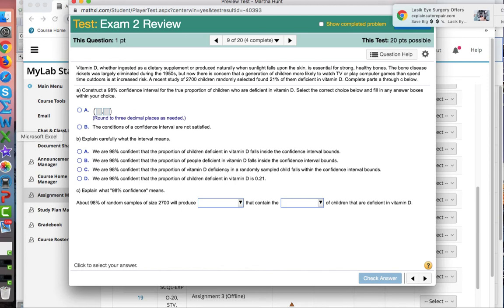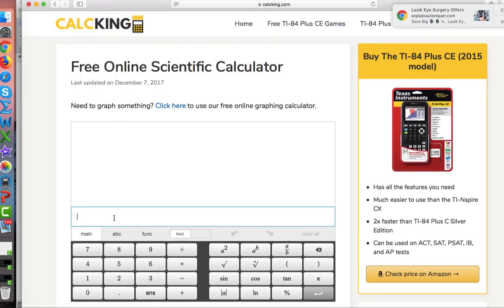Okay, so we're going to our calculator, and we're going to figure out 0.21 times the sample size of 2,700, and that turns out to be 567.